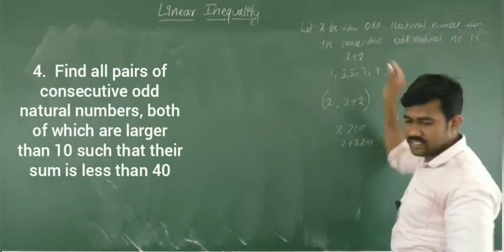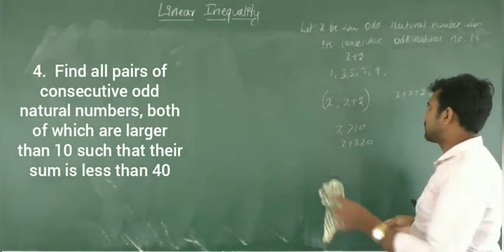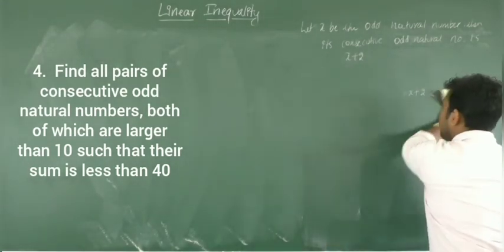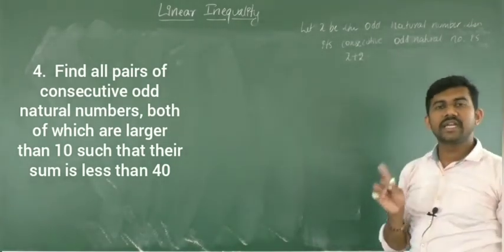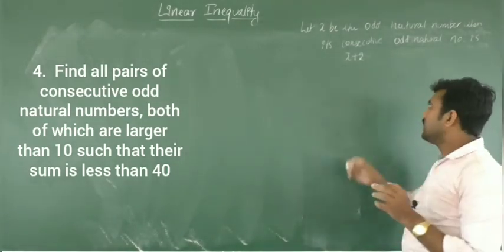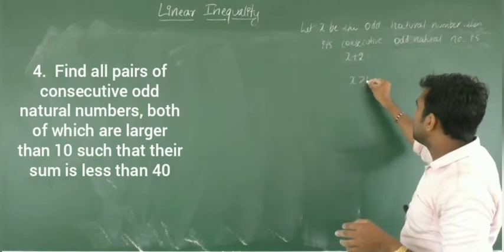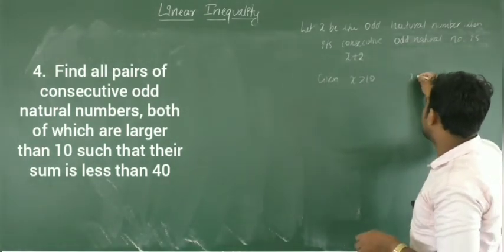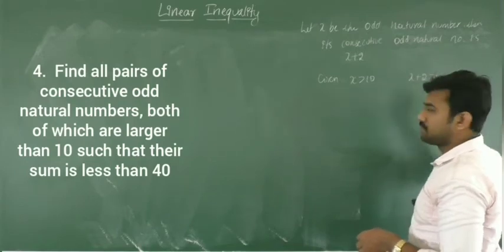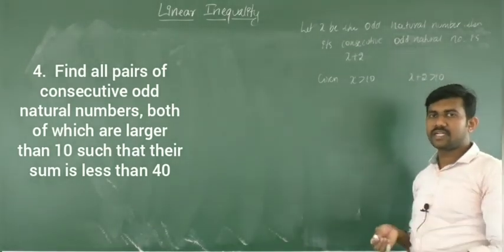Now what is the condition they have given? Both numbers are greater than 10. x is greater than 10, this is the given data, and x plus 2 is also greater than 10. Okay, this is one of the conditions.